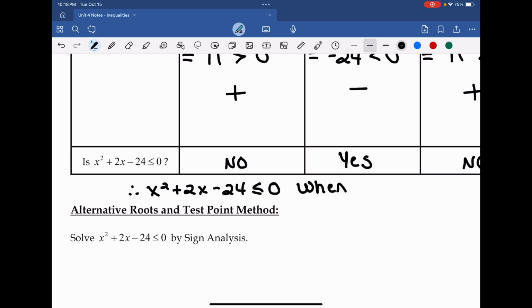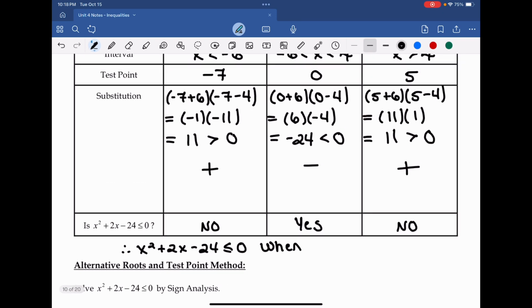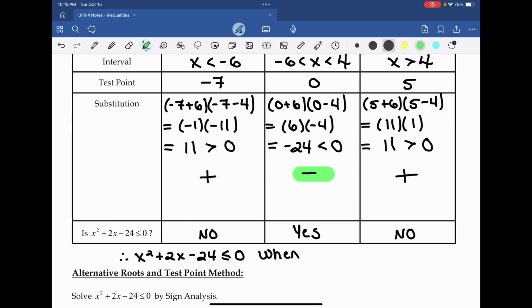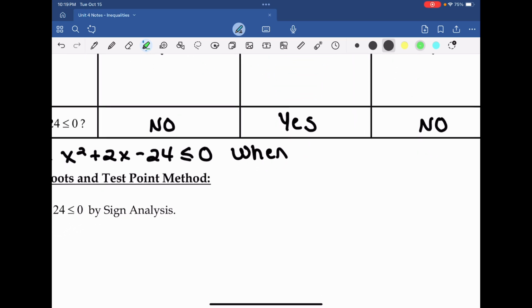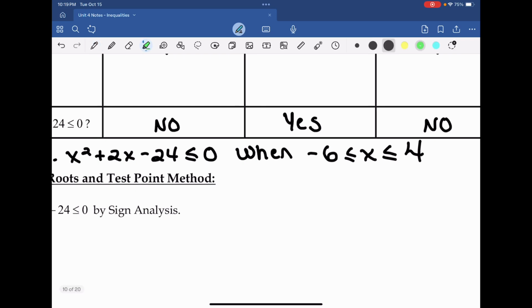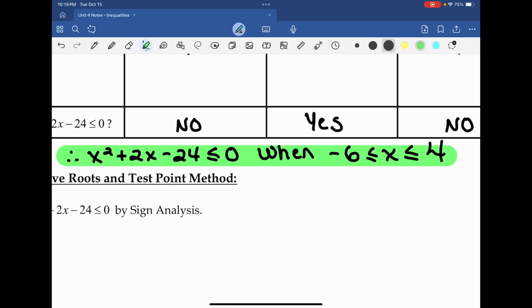When we reflect on when it's less than or equal to 0, we found that it was only in the middle region, being between negative 6 and 4. So this inequality is less than or equal to 0, or negative, when negative 6 is less than or equal to x, which is less than or equal to positive 4. This is how we would summarize our solution for these types of problems.